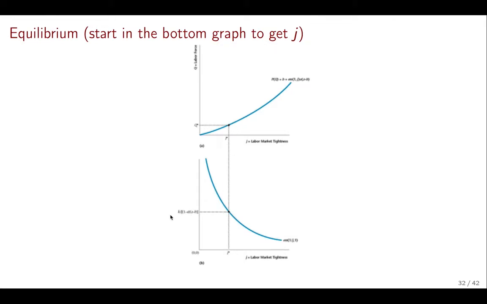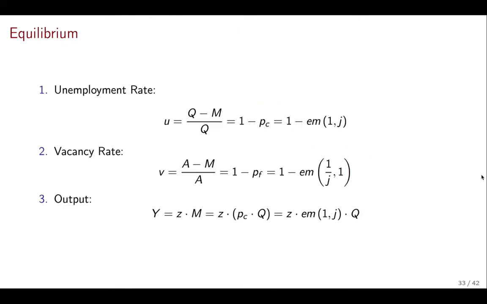Again, first, we're going to find the value of the firm. That's going to tell us the J in equilibrium. That J in equilibrium we can project to the problem of the consumer to find the equilibrium Q. Once we have that, we can then define all the remaining variables of the model in terms of functions that we already know. For example, the unemployment rate.